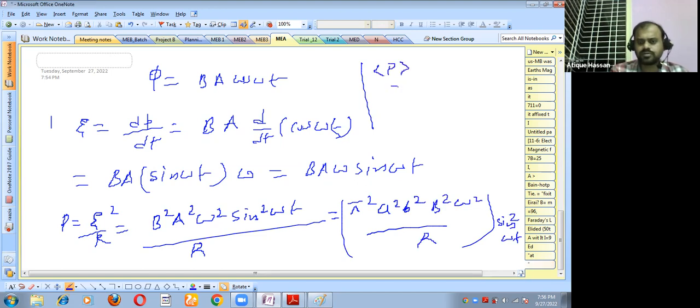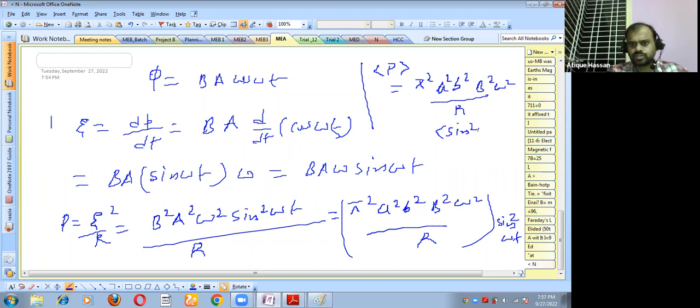So average power will be, all the terms are constant, pi square A square B square B square omega square by R, and we have to take the average value of sin square omega t.